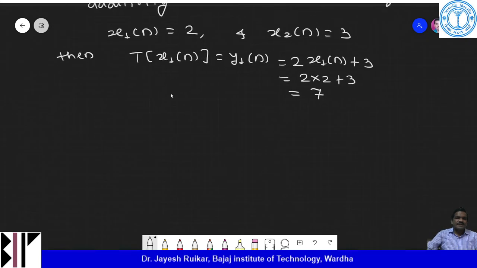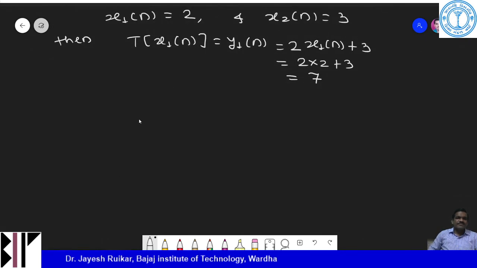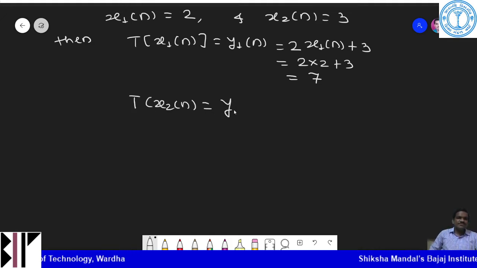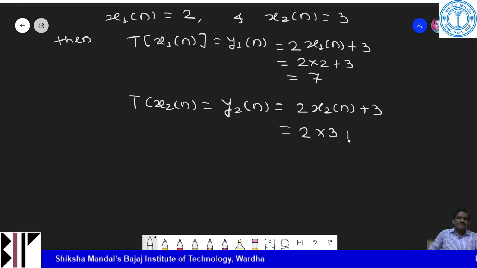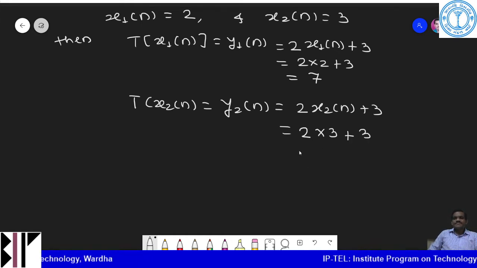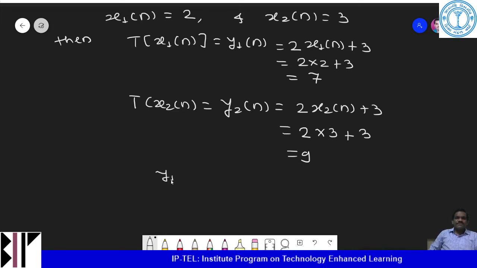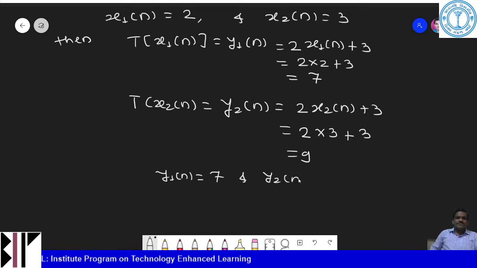Then the transformation of x2 of n gives y2 of n, which is 2 times x2 of n plus 3, that is 2 into 3 plus 3, which is equal to 9. So we got y1 of n equal to 7 and y2 of n equal to 9.